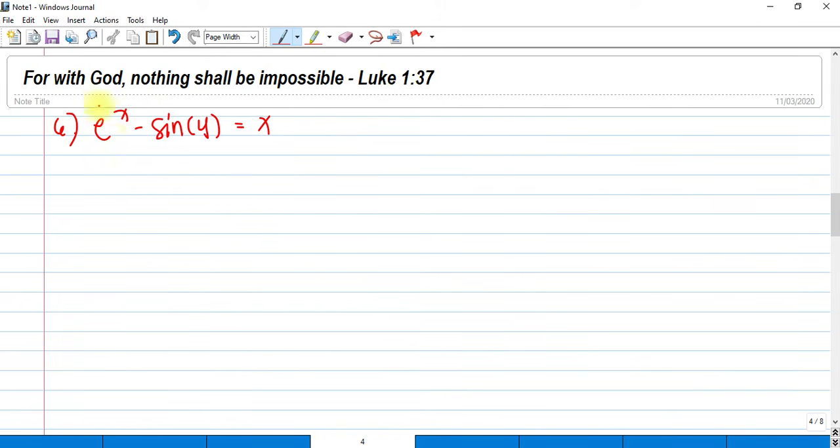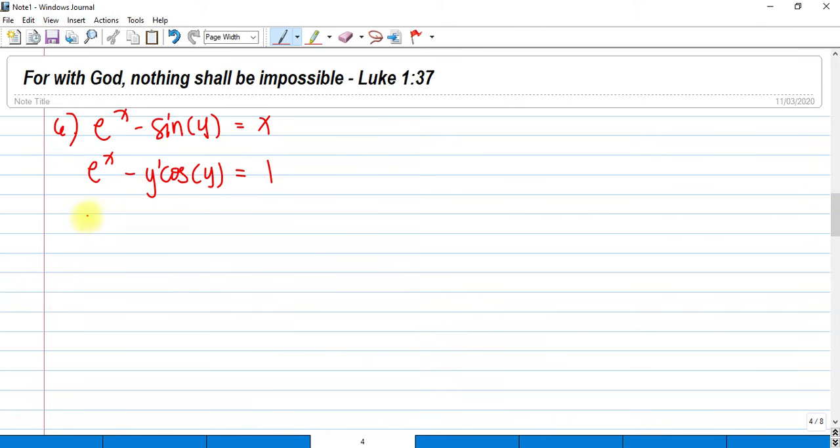We know that the derivative of e raised to x is simply e raised to x, minus the derivative of sine y, which is cosine of y, the whole function itself. The derivative of the inside function is 1, and we have y prime because we are differentiating with respect to y. So this should be multiplied by y prime, is equal to, with respect to x, that's 1.